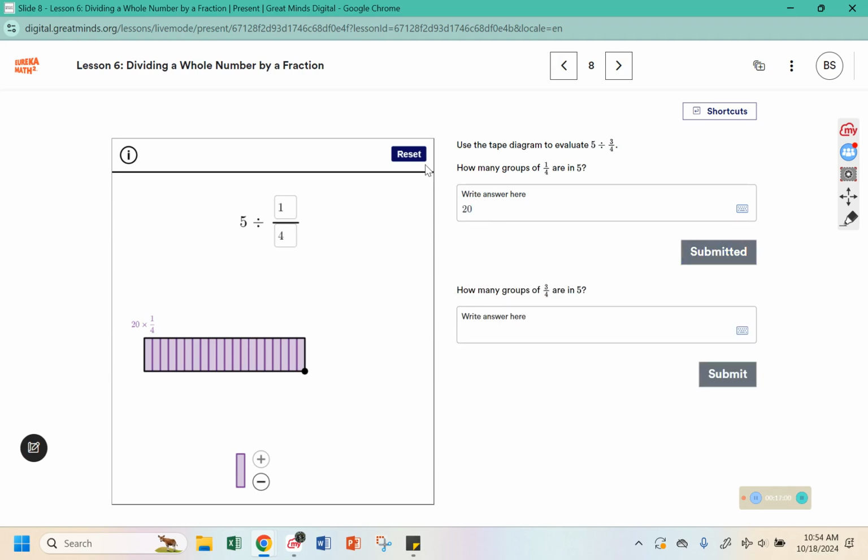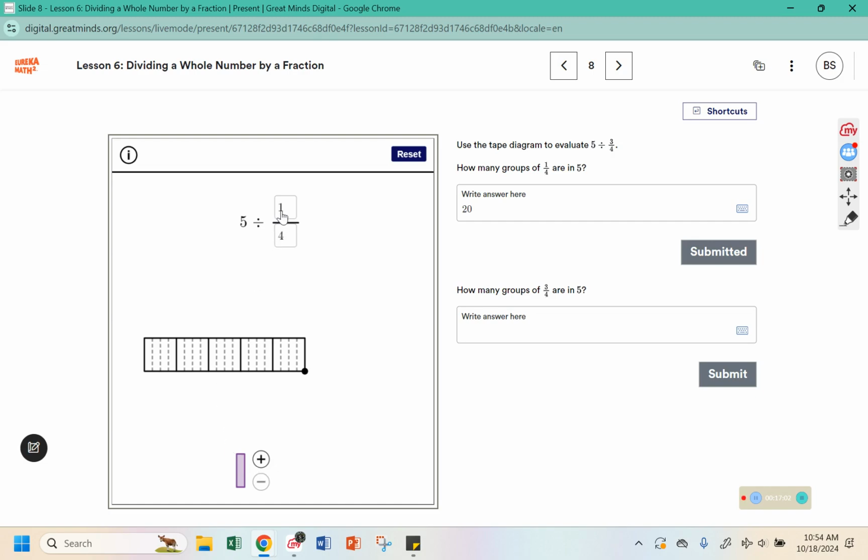Now we're going to do groups of 3/4. So I'm changing this to say 3/4. And now each time I'm going to take up 3 of those 4 sections. So there's 1, 2, 3, 4, 5, 6, and a piece.